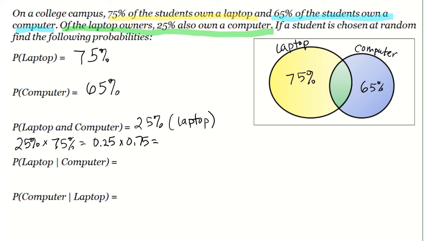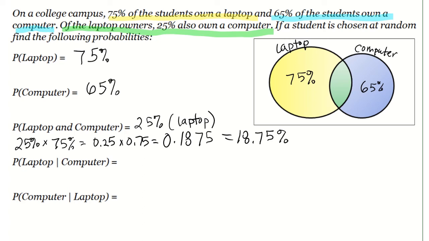And that's going to give me 0.1875, which is 18.75%.